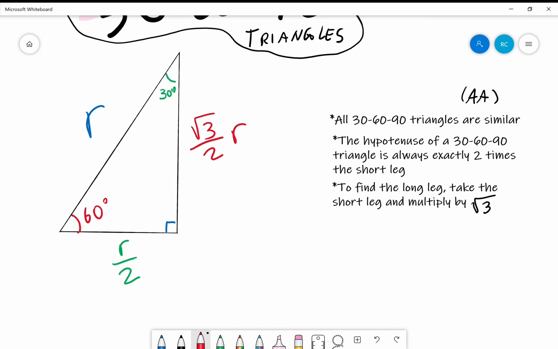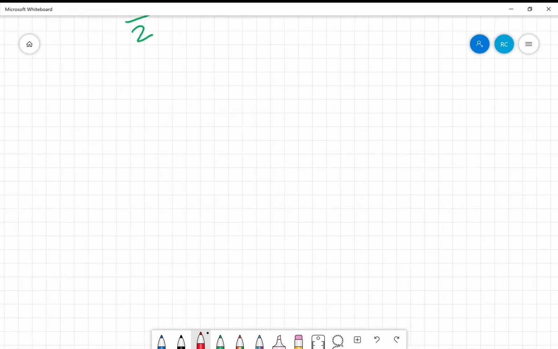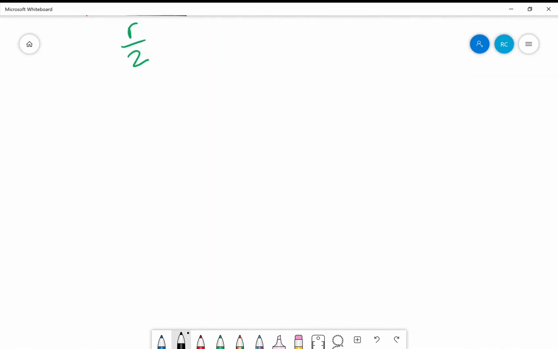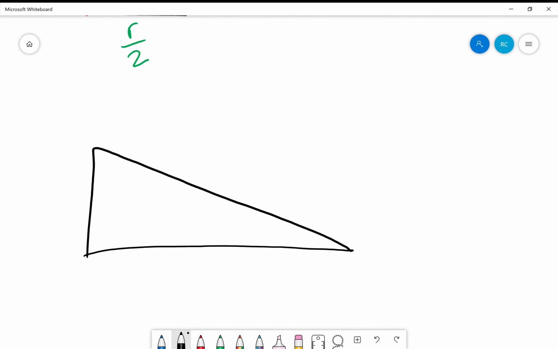Okay, so let's look at a problem. And I'm just going to make these up. So let's say I've got a 30, 60, 90 triangle, and my short side is 10 feet. Okay?